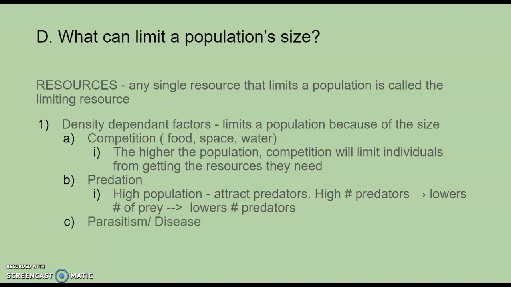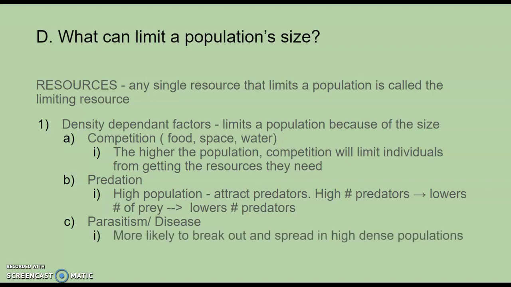Another example of something that depends on population size is parasites and disease. These are more likely to break out and spread in highly dense populations. A very common example, of what we're going through right now, is this virus that is going around. This is spread by people getting into close proximity to each other, right?